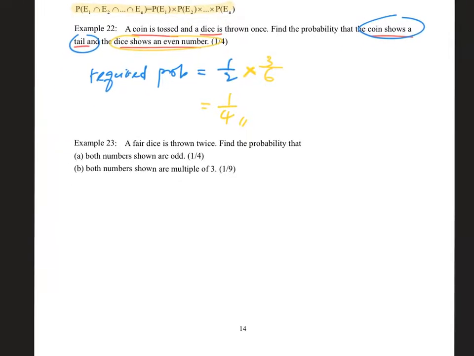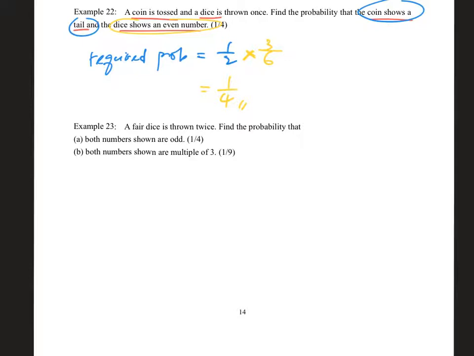Another situation of independent events is throwing a dice twice, and of course the throws won't depend on each other. For part A, the required probability, if both of them show odd, is 3/6 and also 3/6. You're doing the action twice, so we multiply them together, and finally it gives you 1/4.